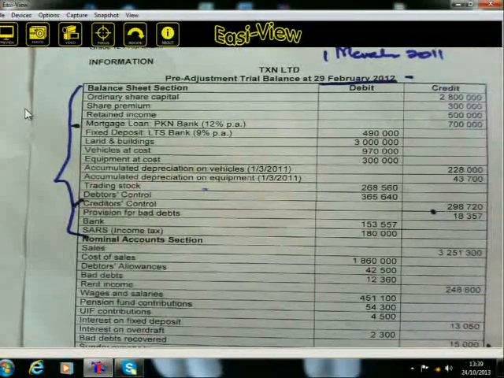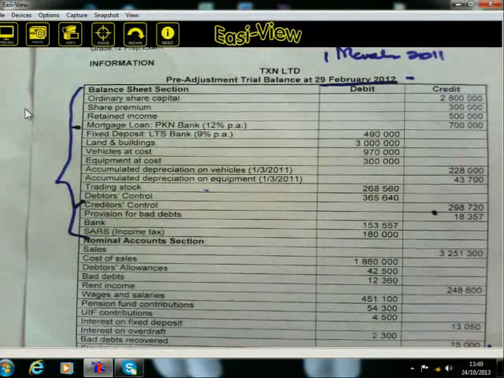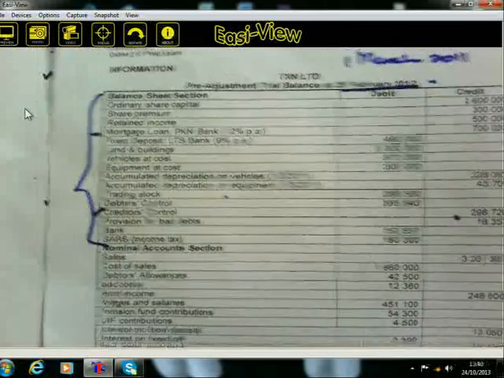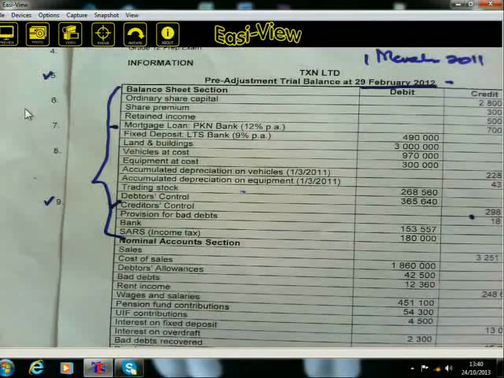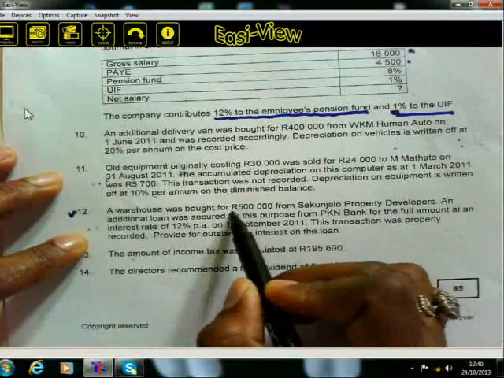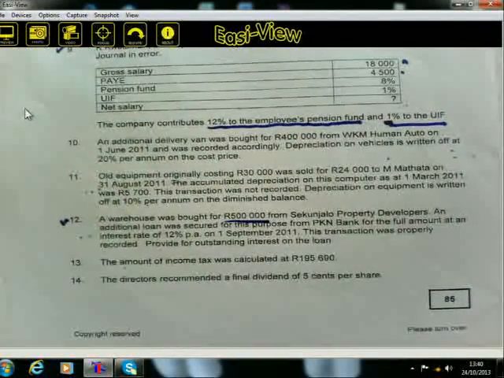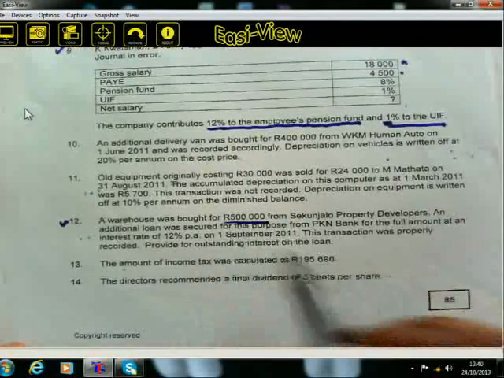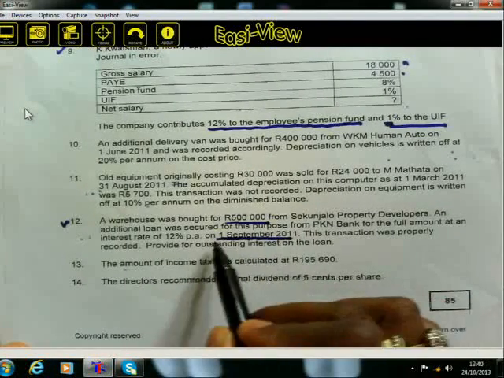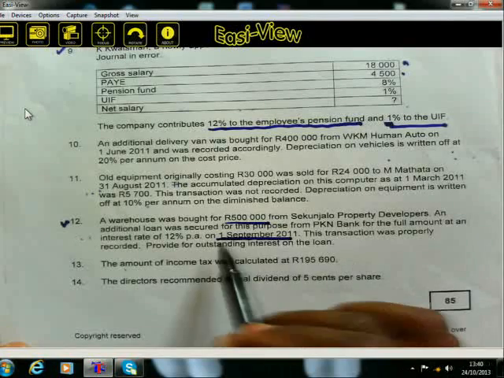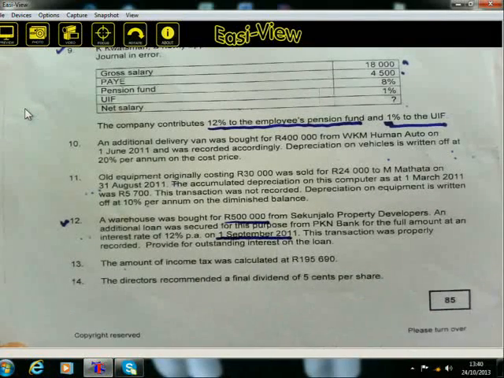When we calculate the interest on loan, we need to know first that from 700 we subtract the 500,000. The 500,000 is the one that has been bought, which has been taken on the 1st of September. So firstly, what is the interest on loan for the difference?